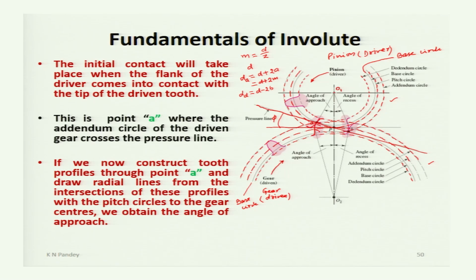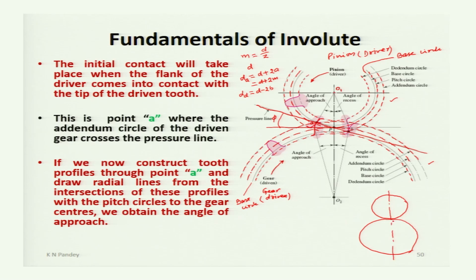Now, what we have done actually is, let me show it separately. We have a pitch circle of the driven gear. This is the pitch circle of the driving gear. This is the center line. Okay.